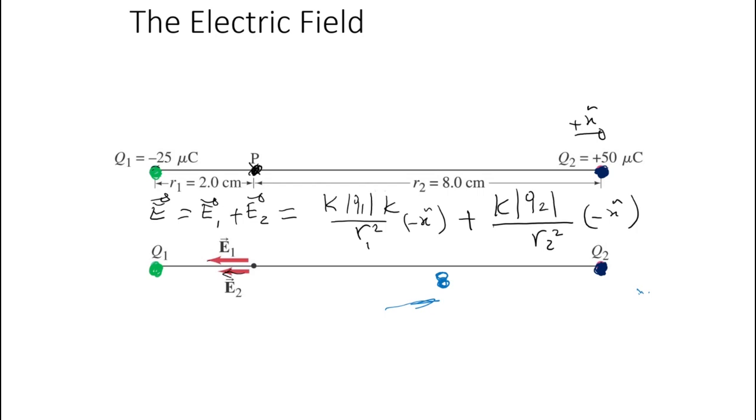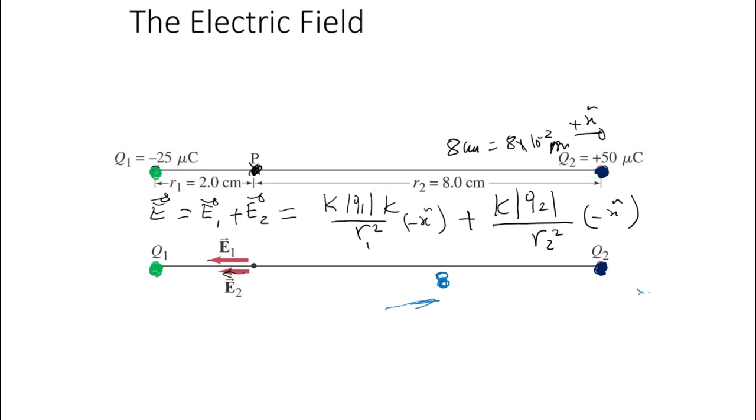Now, once we do the calculations for each, remember we have Q1 is negative 25 microcoulomb, Q2 is 50 microcoulomb, R2 is 8 centimeter, which is 8 times 10 to negative 2 meters. The same thing for 2 centimeter, which is 2 times 10 to negative 2 meters.